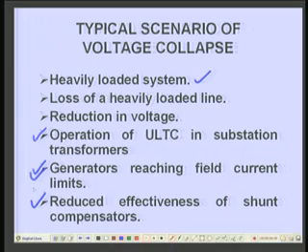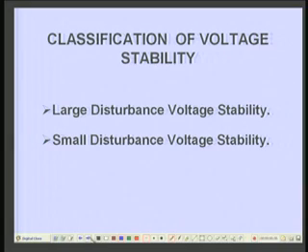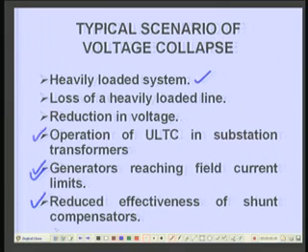Then the effectiveness of the shunt capacitors is reduced, because when the voltage is low, shunt capacitors supply less reactive power, and all these phenomena put together may cause the system to lose voltage stability.